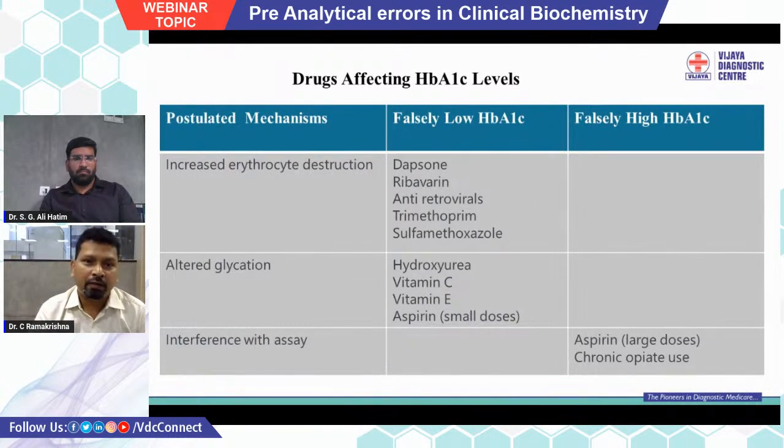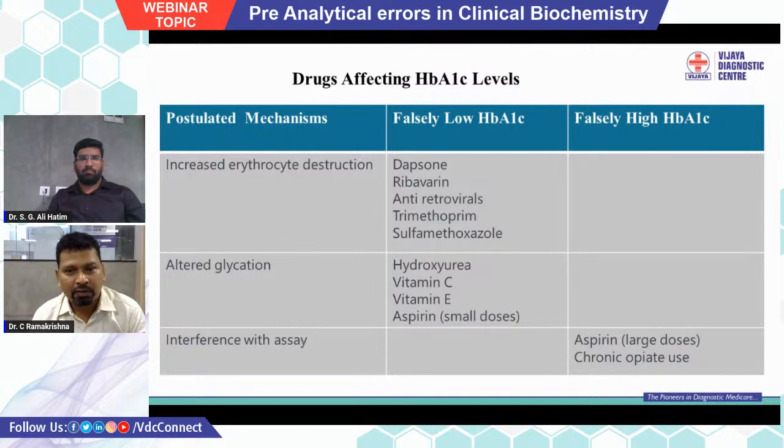So there are again drugs which affect the HbA1c levels. Drugs like dapsone, ribavirin, antiretrovirals, trimethoprim, sulfamethoxazole, all these cause increased erythrocyte destruction, causing abnormal HbA1c levels.